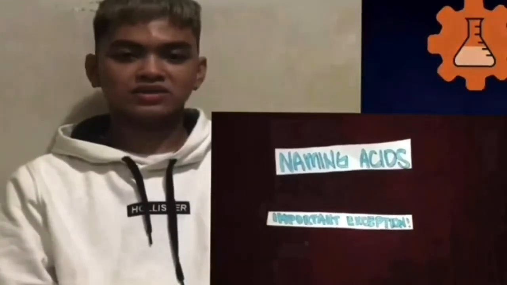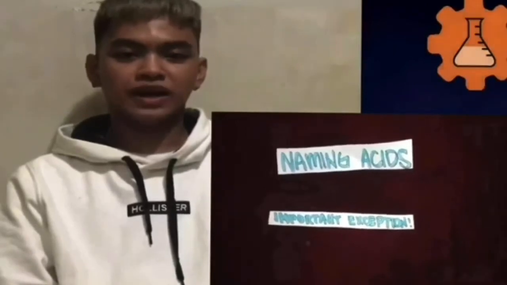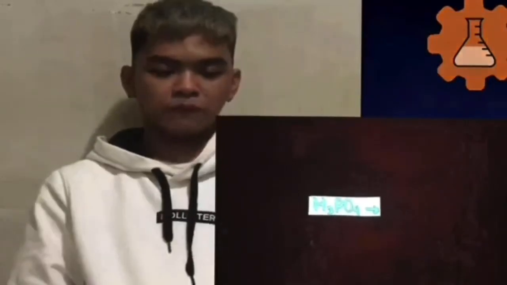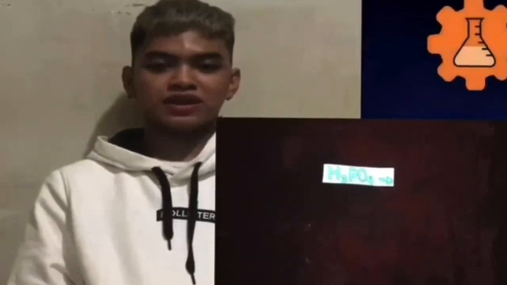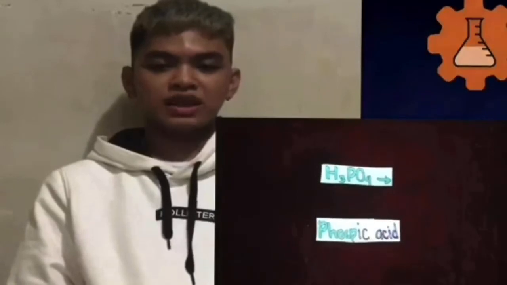There is an important exception for acids like sulfite, sulfate, phosphite, and phosphate. Now, we have this acid as our example and we will name it properly. If we follow the first rule that the negative ion ending with -ate must be replaced, then our acid will be named phosphic acid. But this name is wrong, and there's a proper way of naming this kind of acid.